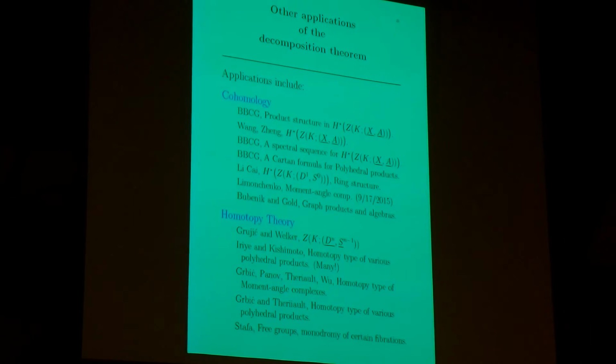But there've been arachnid mechanisms studied, there've been robotics. One year, Sam showed a movie of a mechanical spider crawling along using this theory. And so there are algebraic applications, cohomological applications, homotopy theoretic applications, and applications to free groups for studying monodromy. I could just go on and on, but I don't have time.